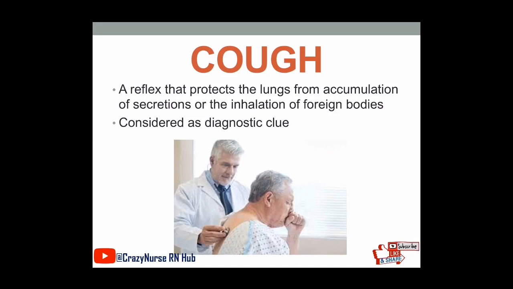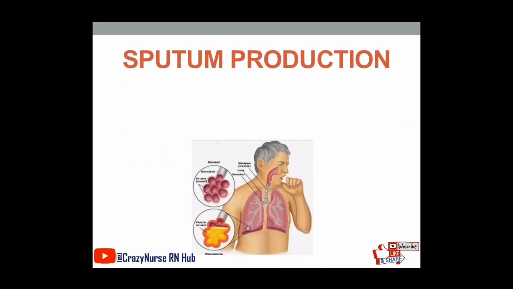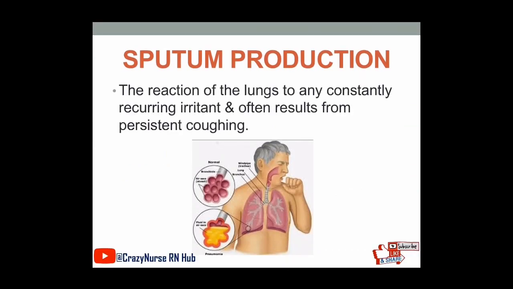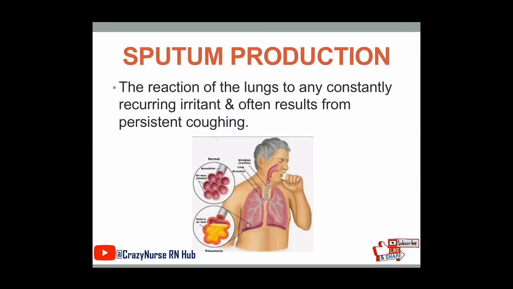And it is also a mechanism of the body to get rid of accumulated secretions and inhaled foreign bodies. We also have your sputum production. It is the reaction of the lungs to any constantly recurring irritants and often results from persistent coughing. Okay, so that's your sputum production.